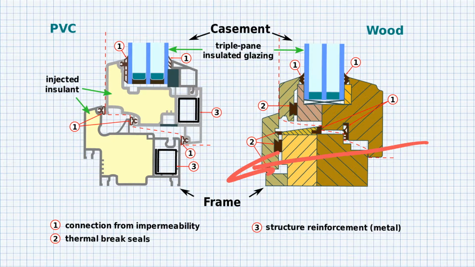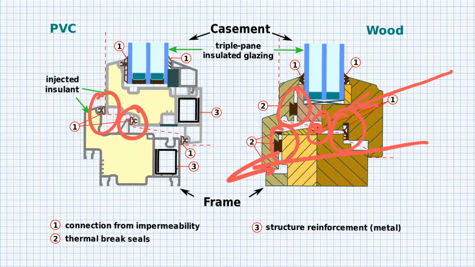In this case, though, we're showing thermal breaks in the window frames. Now, these thermal breaks are a highly insulative material that creates a joint between the different halves of the window frame, so that as the thermal energy tries to pass through, it stops at these points.